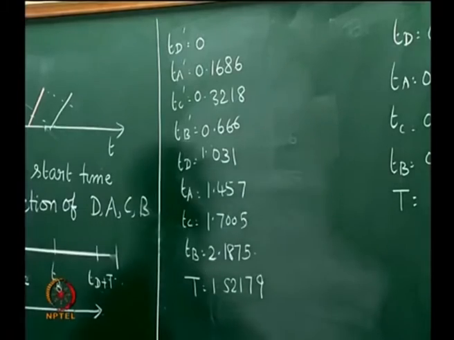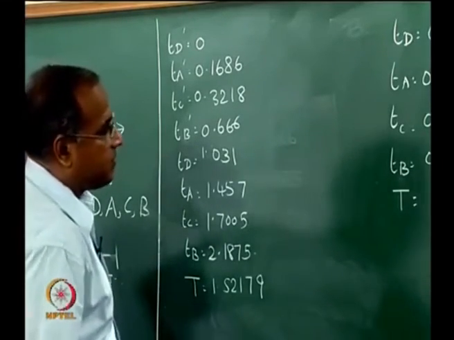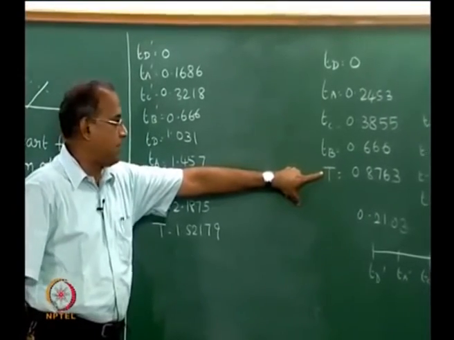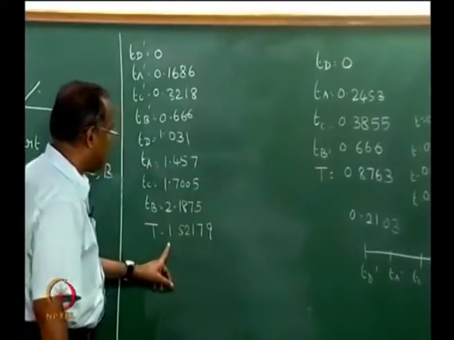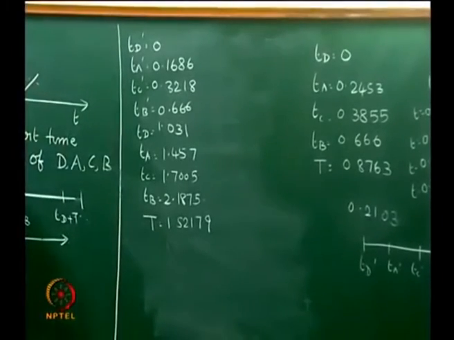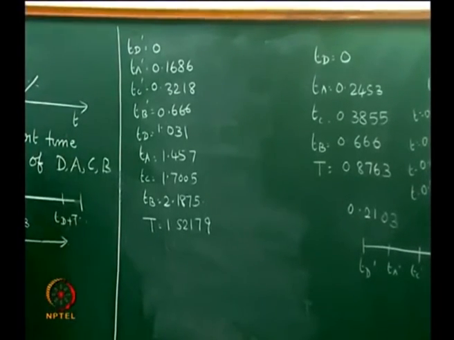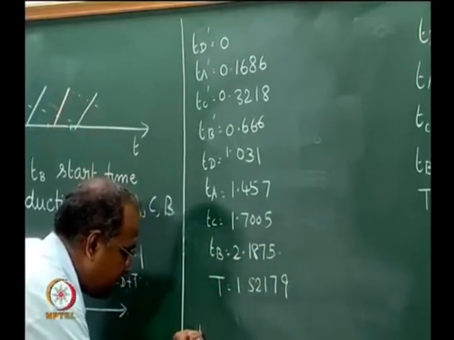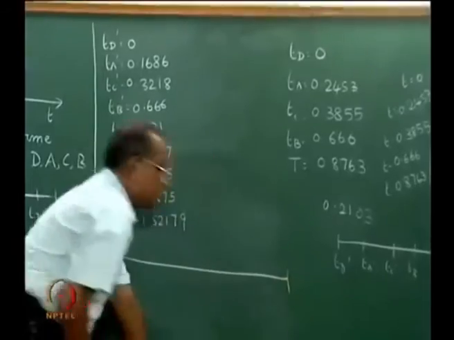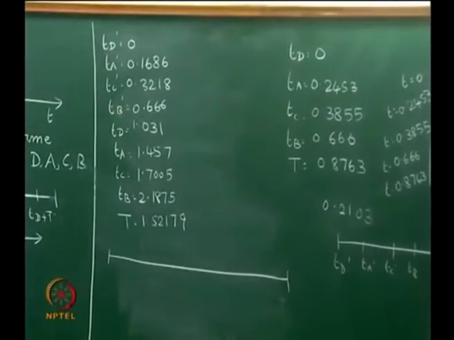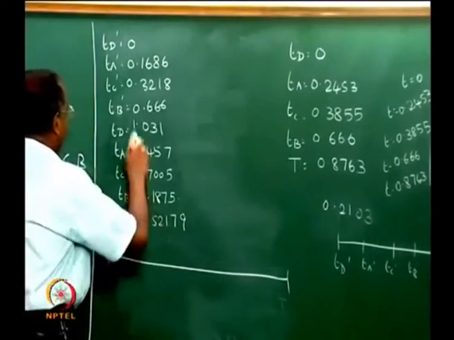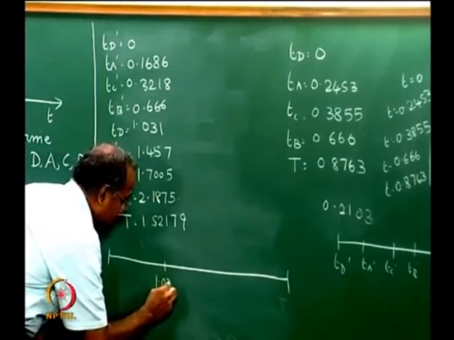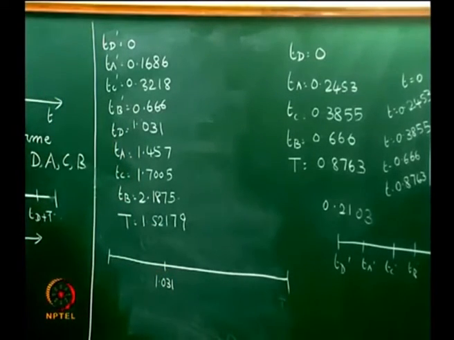Now, the first thing that has happened is the cycle time T has increased from 0.8763 to 1.52179, almost doubled. And then if we go back and draw this kind of a chart here, the first cycle ends and the steady cycle begins at 1.031.